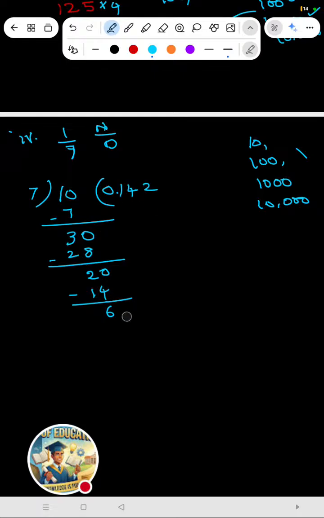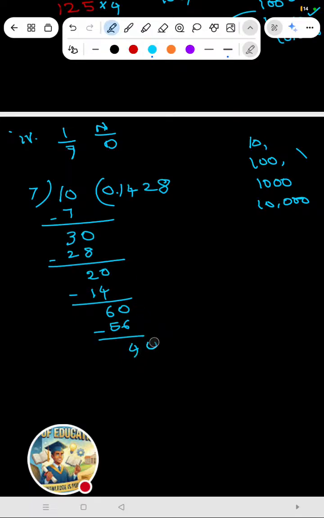In the next step, you can also take here 0, 60. 7 7s are 49, 7 8s are 56. 7 8s here, that is 56. Now if you do 60 minus 56, you are getting 4.